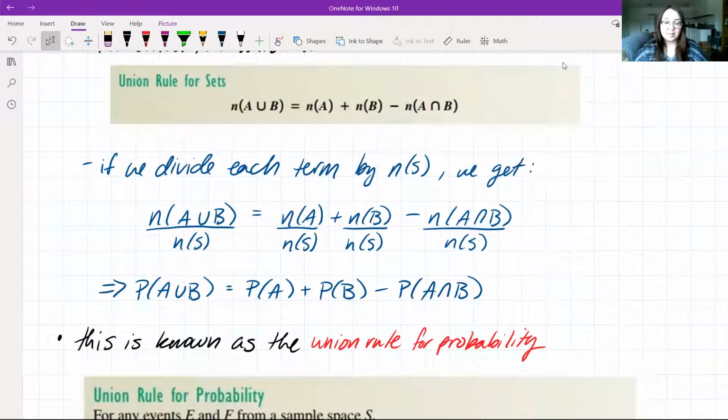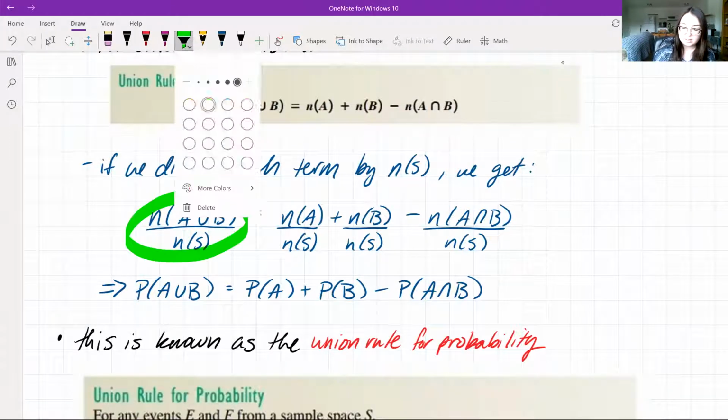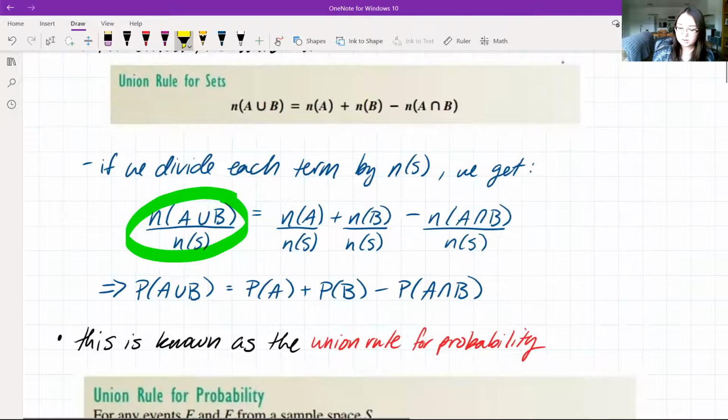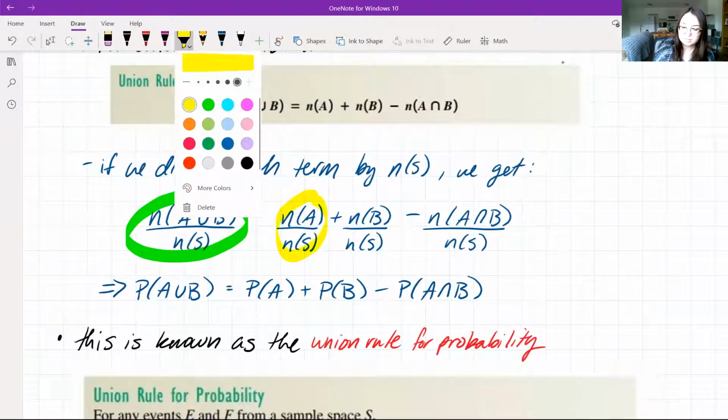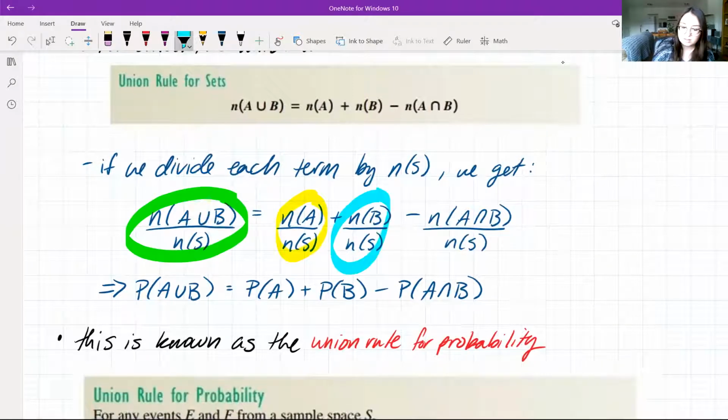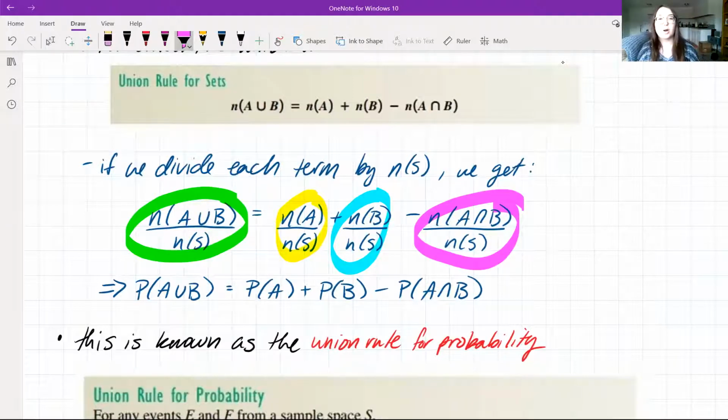What we see here is that each one of these terms looks like our basic principle of probability, which was the number of elements of whatever we're trying to find the probability of divided by our sample size.